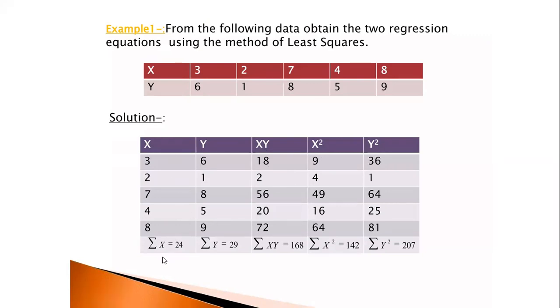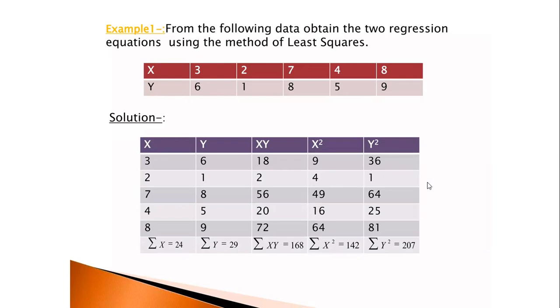Based on this, find out sigma x, sigma y, sigma xy, sigma x square and sigma y square. Now you can see sigma x is 24, sigma y is 29, sigma xy is 168, sigma x square is equal to 142 and sigma y square is equal to 207. So all the sigma values you have to find out.